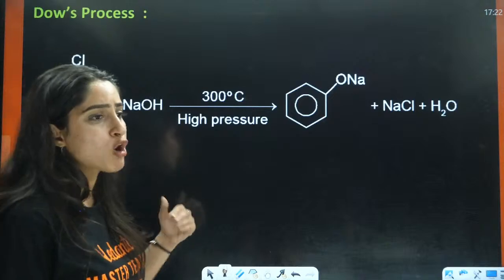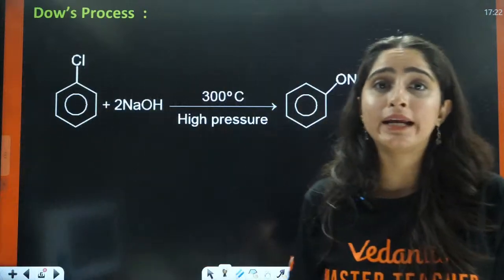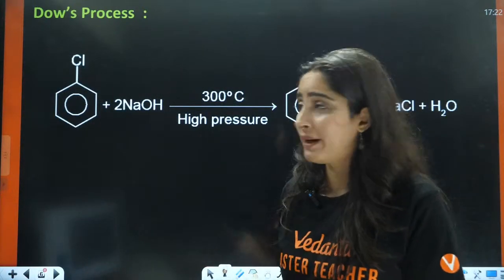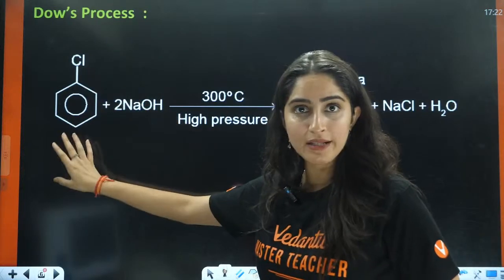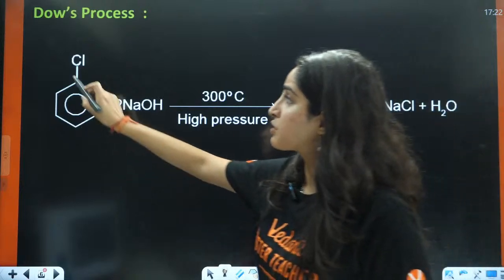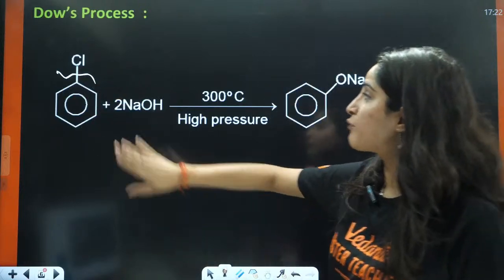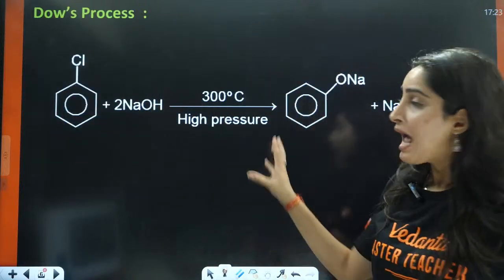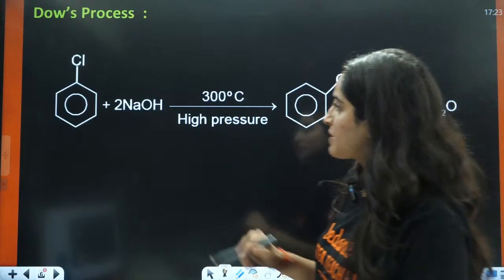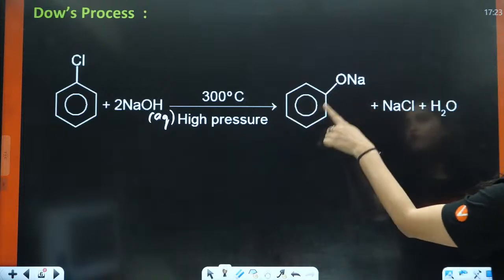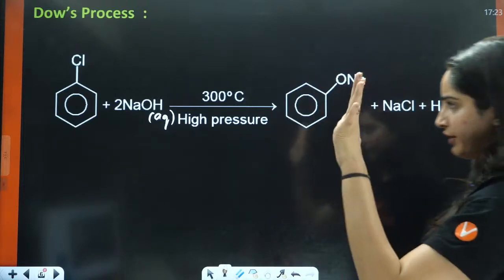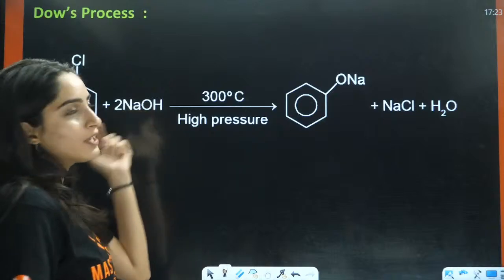Now, we have talked about why we need Dow's process. What was the requirement? So now let us see the full reaction here. You have chlorobenzene. Because it was difficult to break this bond, we needed high temperature and high pressure in the presence of aqueous NaOH, and you have the formation of this sodium phenoxide.